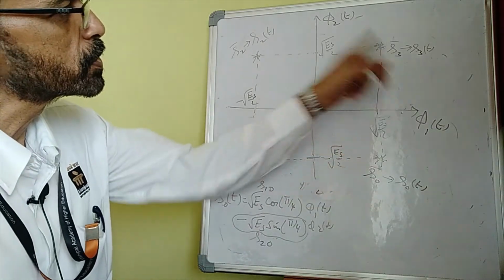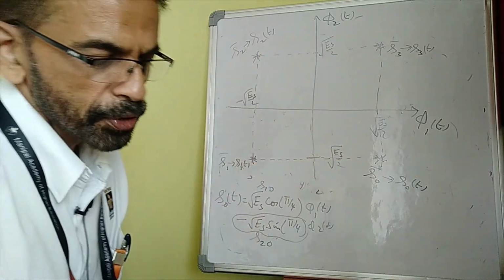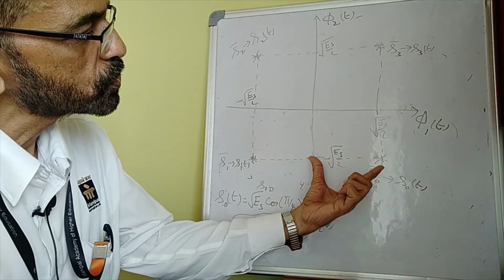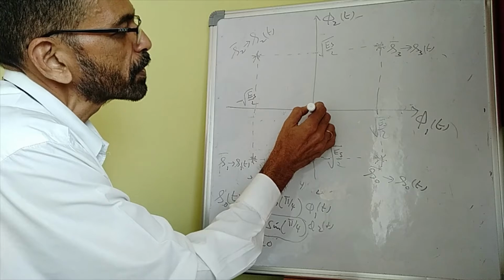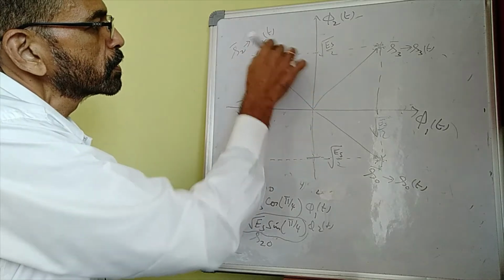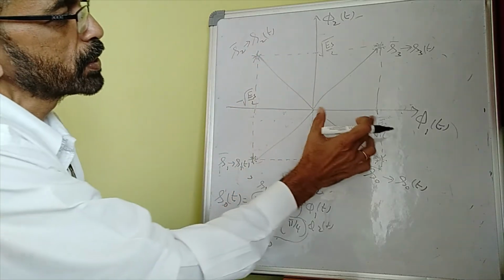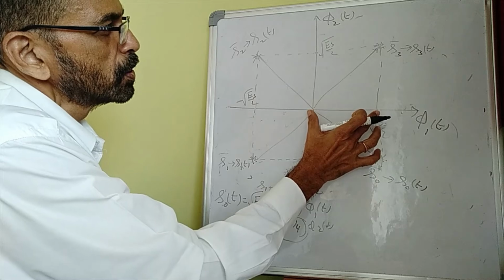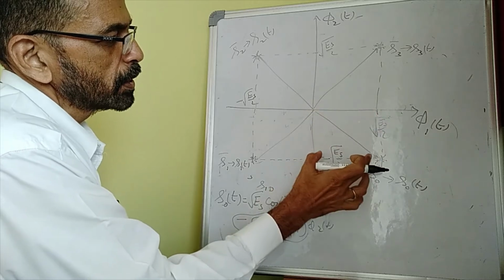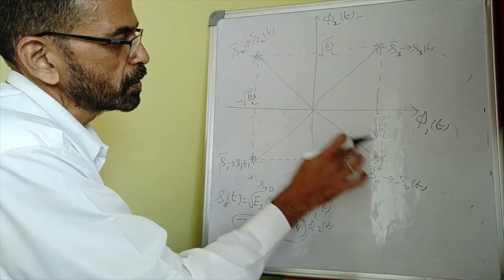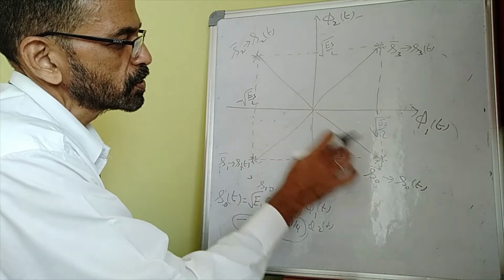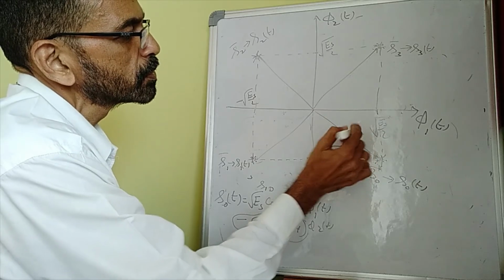The 4 distinct signals are here, and the signal space is two-dimensional. It is noteworthy that when you represent this in the form of a vector, the norm is root Es, which you can even otherwise verify because this is root of Es by 2 and this is also root of Es by 2, and by virtue of simple trigonometry you can see that this is equal to root Es.